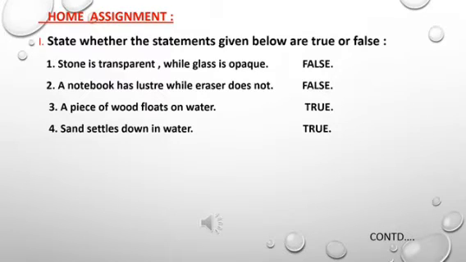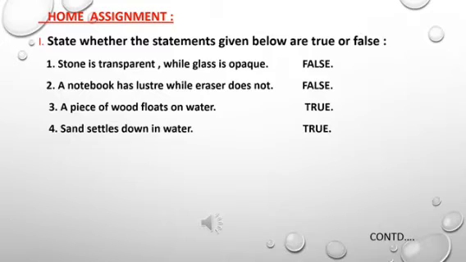Let us discuss the answers for the previous home assignment. First, state whether the statements given below are true or false. First one, stone is transparent while glass is opaque. Answer is false.